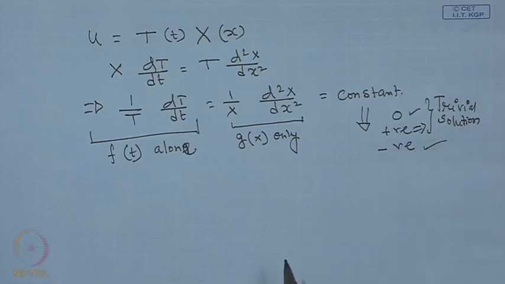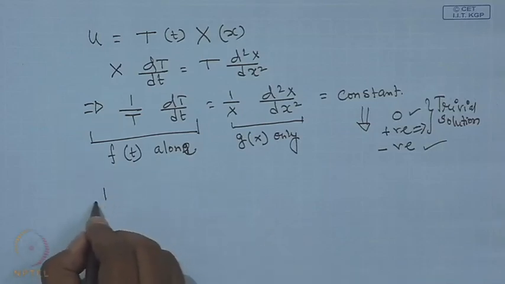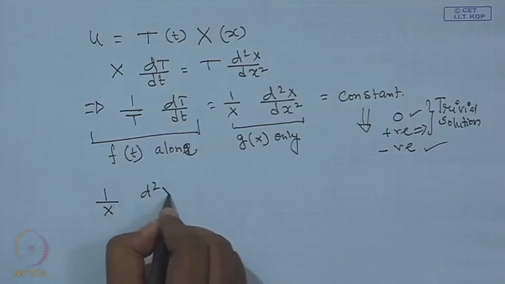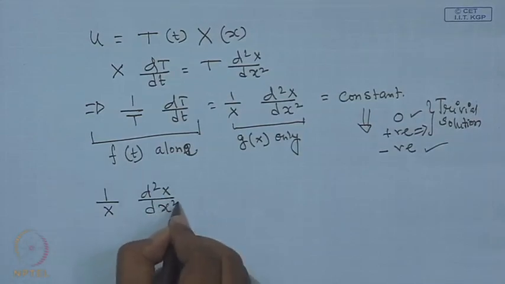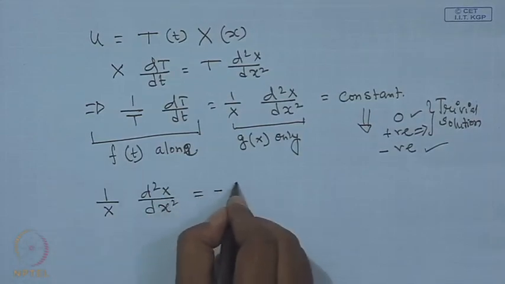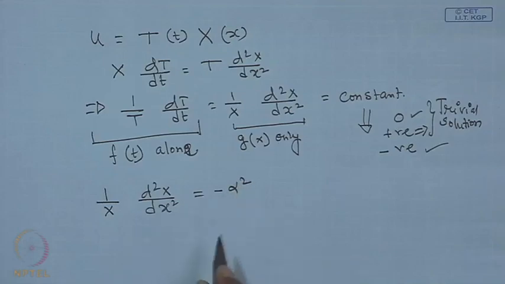That I have proved in the earlier classes. So, this constant has to be a negative constant in order to get a non-trivial solution. Therefore, 1 over X d²X/dx² is equal to minus alpha squared. Minus alpha squared ensures that this constant is negative.